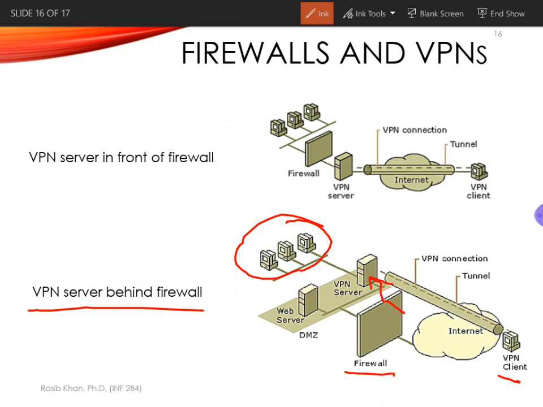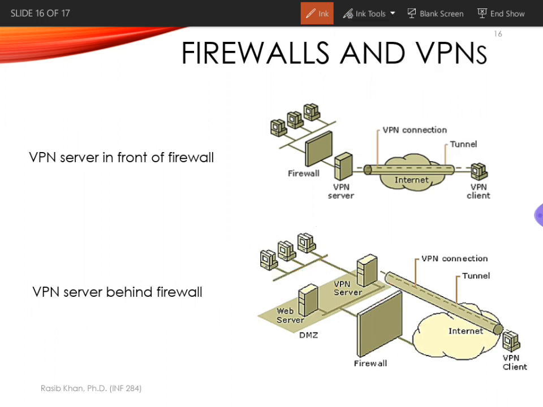But in this particular example, we say that the firewall can only allow connections going into the VPN server originating from the internet, and then a user who is trying to connect to the private network needs to access the VPN server, and only then will it be able to become a part of the private VPN network.